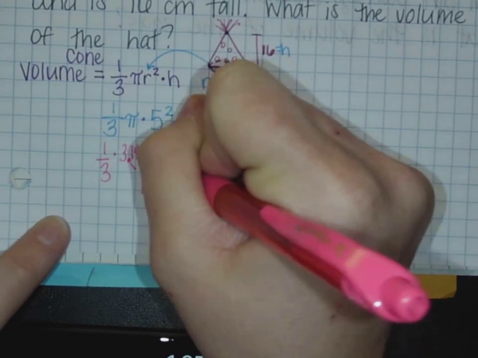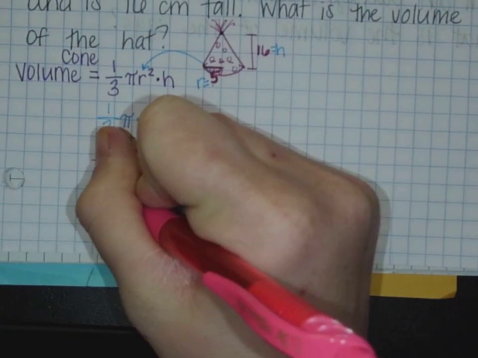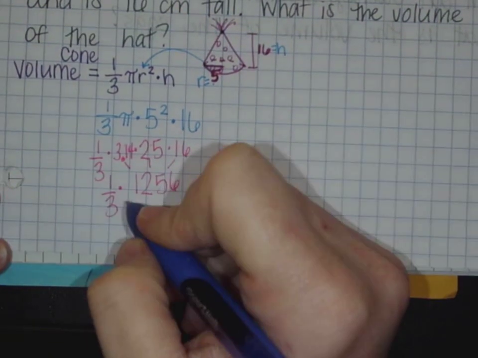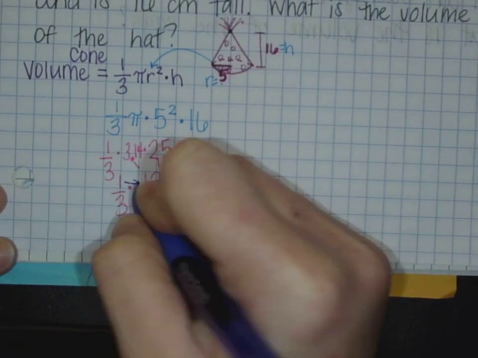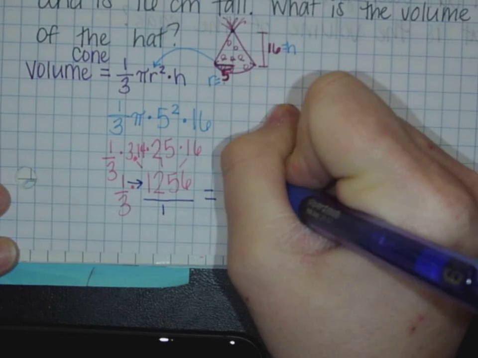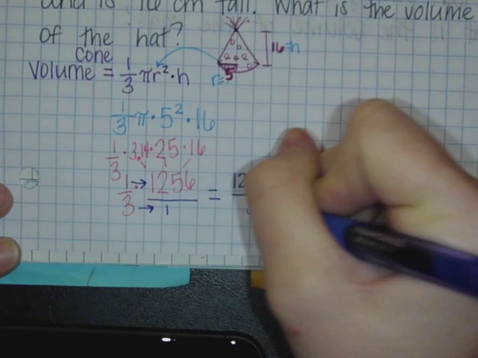So all of that became 1,256. Now I need to multiply by that fraction. So I'm going to put it over 1, multiply across. So that would be 1256. Multiply across, 3 times 1 is 3.